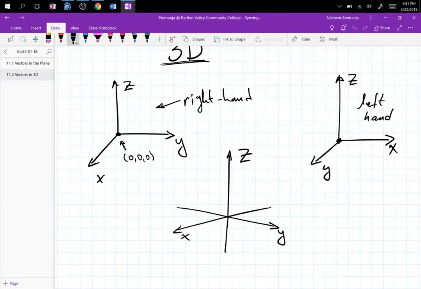And it might be easier for you to see that right here is the plane that's the floor.